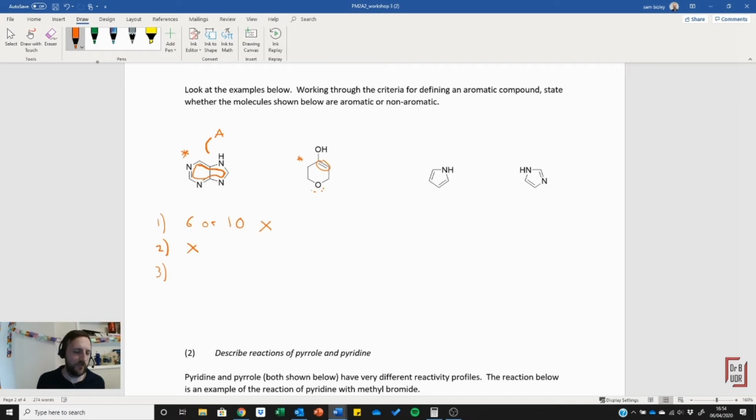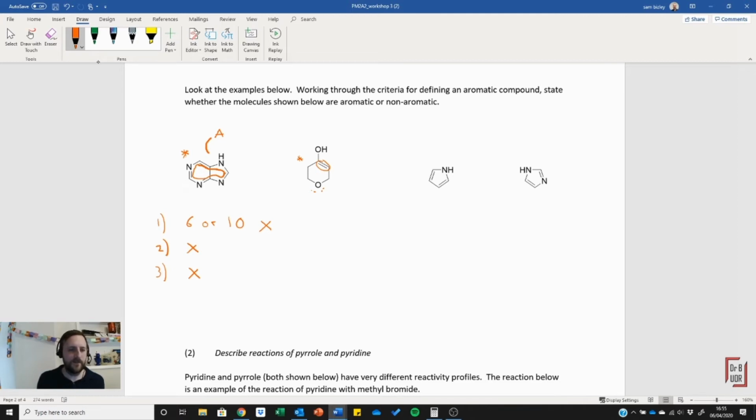Now, from the way we've drawn it, you wouldn't be able to see. You'd say, well, maybe it is. But actually, if we were to draw this out in reality, we'd have bits pointing up and pointing down in the structure. So it'd actually look almost like that, I think, in nature. Almost like our chair or our boat formations. So also, it is not planar. So it doesn't abide by any of the rules.